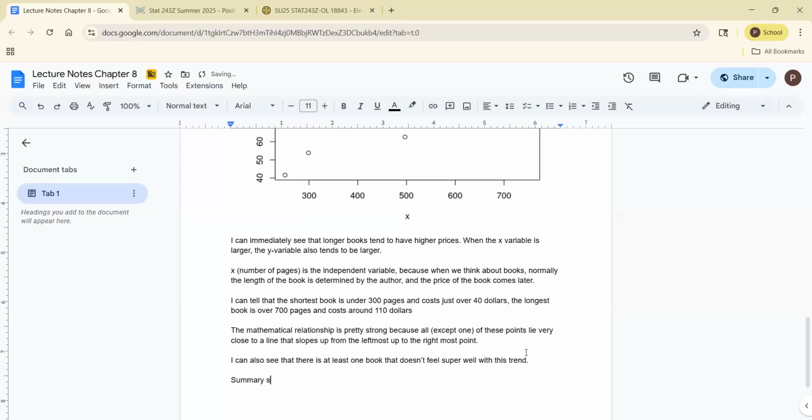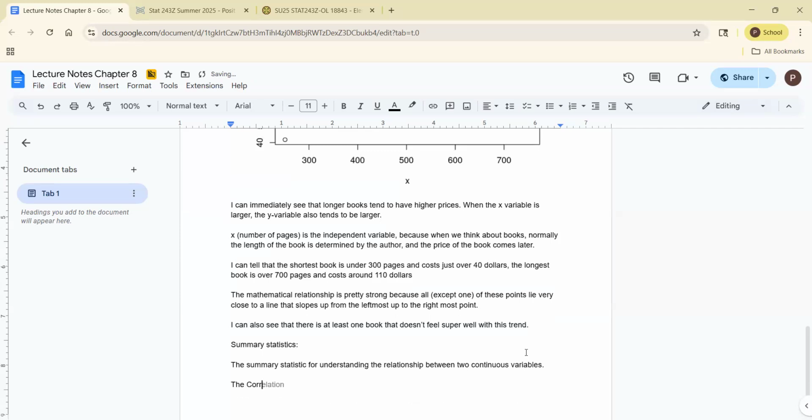So now let's look at summary statistics. There is a summary statistic for understanding the relationship between two continuous variables. It is called the correlation or the correlation coefficient.